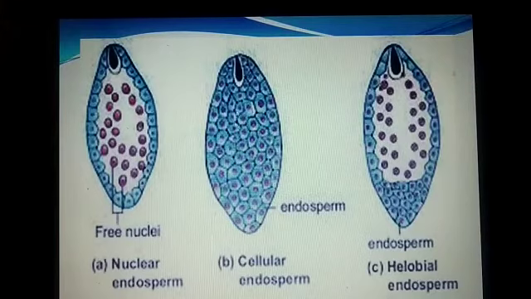So this is cellular endosperm because every nucleus has a wall, because the cytoplasm is also divided. So karyokinesis as well as cytokinesis. And the third is helobial endosperm. Helobial endosperm has both types, nuclear and cellular.